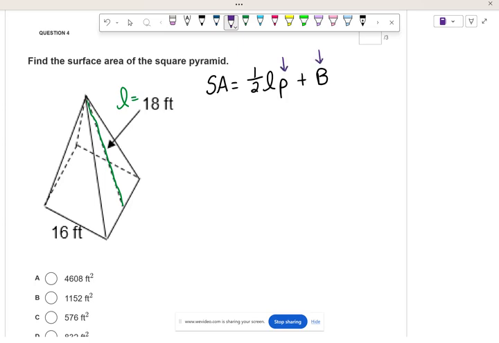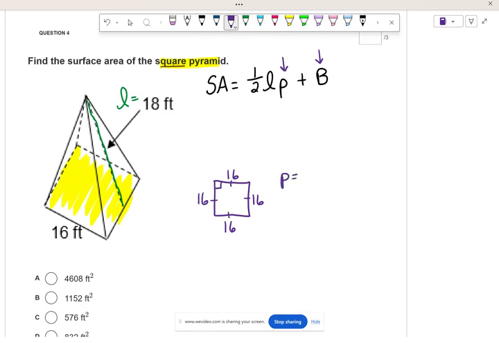So we need to draw the square base. It says it's a square pyramid, and we need to calculate the perimeter and the area for that square. If one side of the square is 16, then every side of the square is 16.